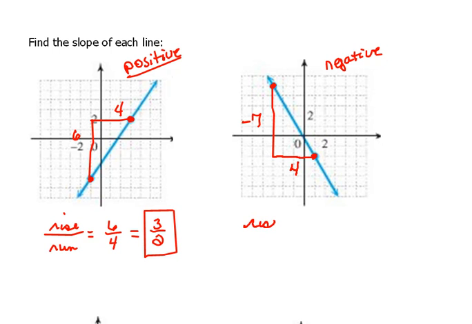So in this case, our rise over our run would be -7 over 4. That is why we have a negative slope. We're moving in the negative direction down the y-axis. Here we're moving in the positive direction along the x direction. So you have to think about the direction also as you're listing out your slopes.